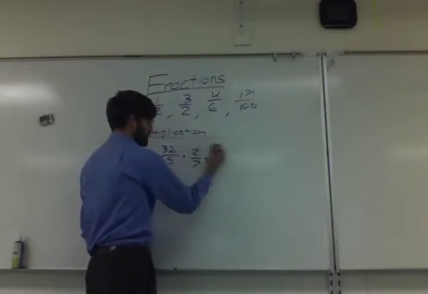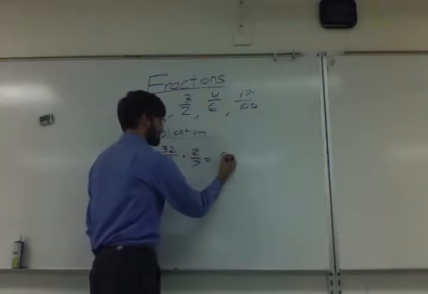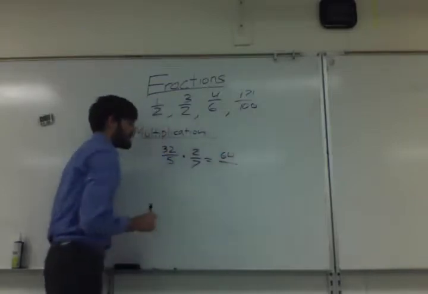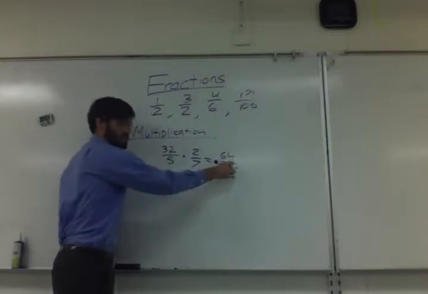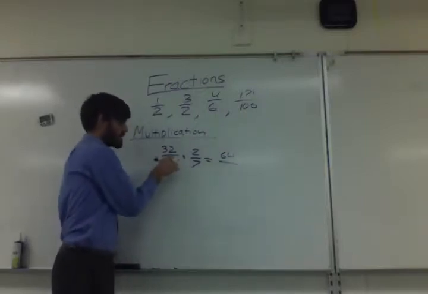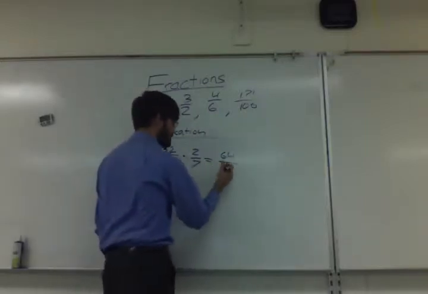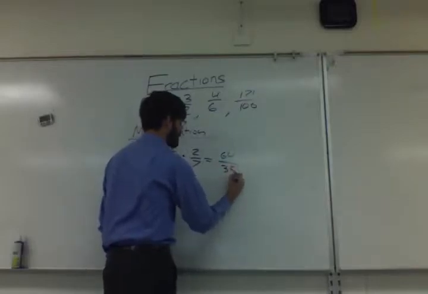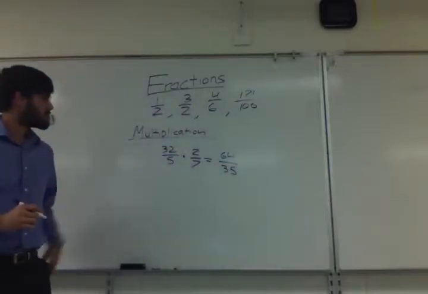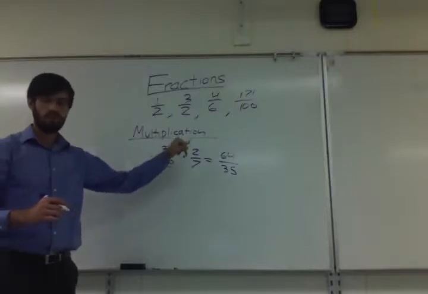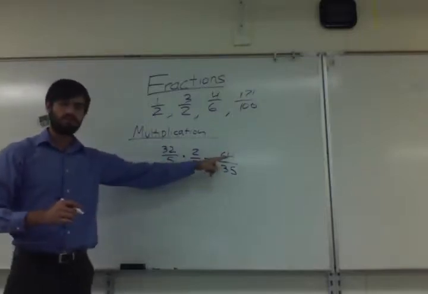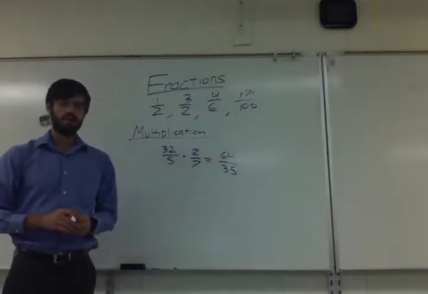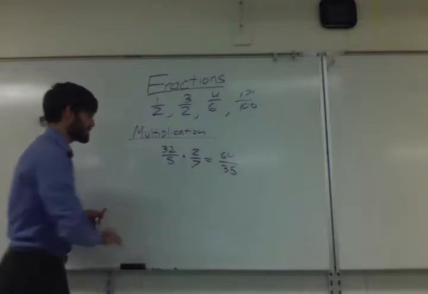So this would be 32 times 2, gives me 64. And then to get our new denominator, which is the bottom, we multiply the denominator times the denominator. So that would give me 35 on the bottom. So 32 fifths times 2 sevenths would equal 64 35ths. So that's how the multiplication of fractions works.